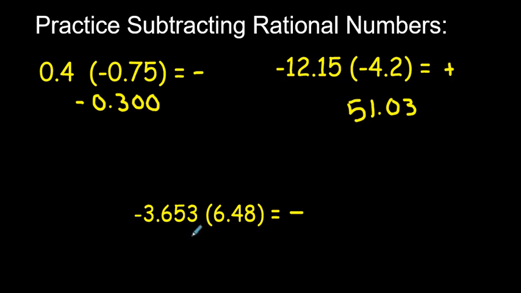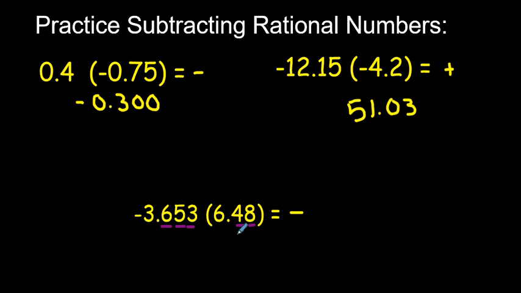In our final one, how many decimal places did you have in your answer? You should have had 1, 2, 3, 4, 5, because that's how many places there are behind the decimal in our 2 factors.